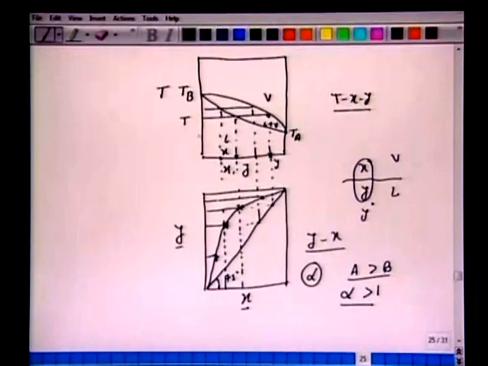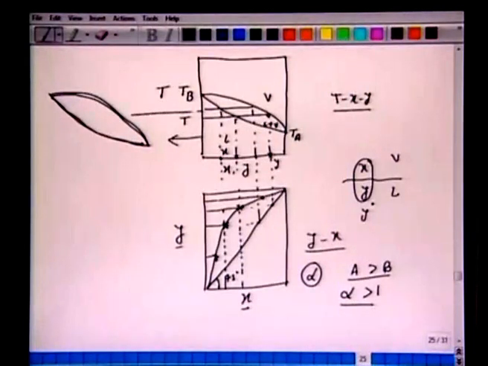In other words, the bubble point curve and the dew point curve will be wider. That means for the same temperature, the difference between y and x will be larger, so there is more separation. This phase is much richer in A than here.